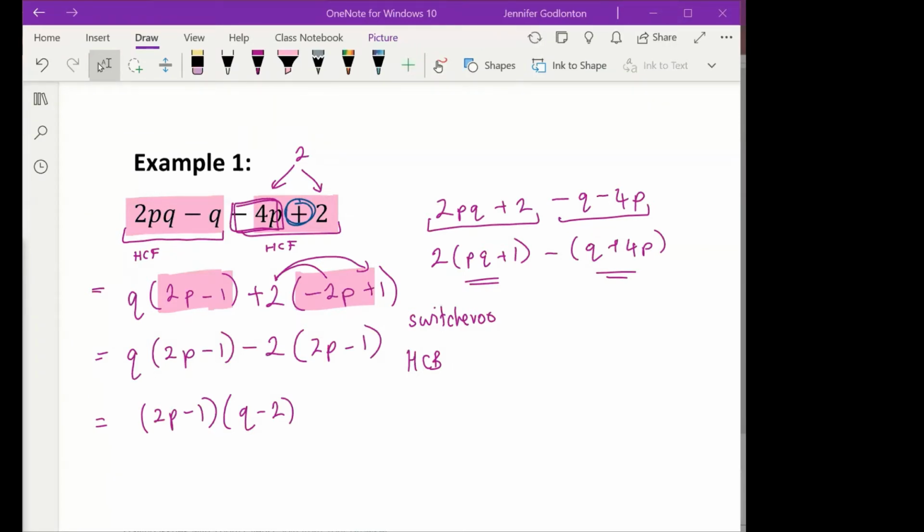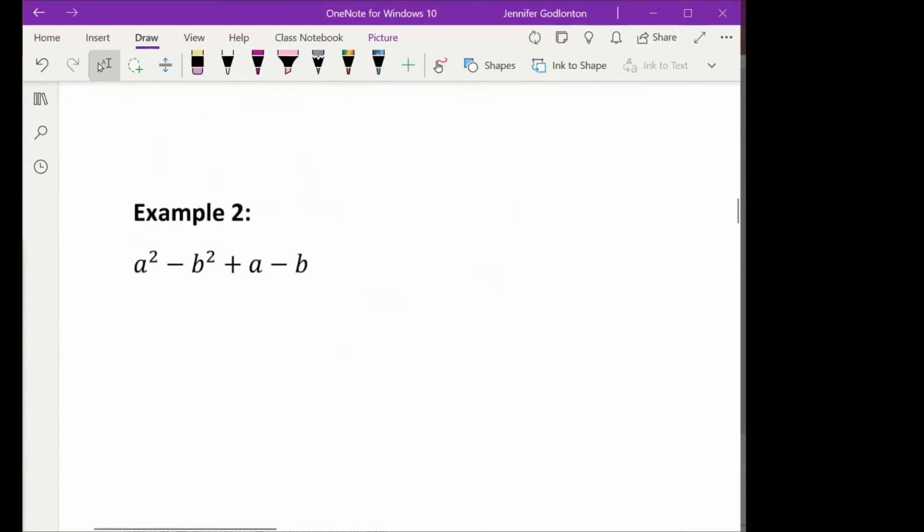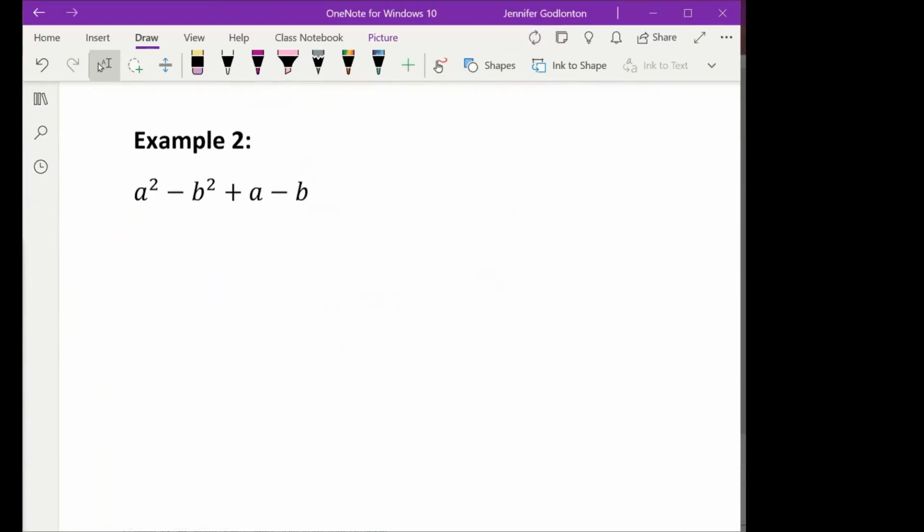Okay, let's try another one. Move on down. Okay, so this one is a sneaky one. So I'm just going to give you a little bit of a hint that the things we're going to do, we're going to group with those 2 and those 2. And I want you to think very carefully about what to do for the first 2 that I've grouped.